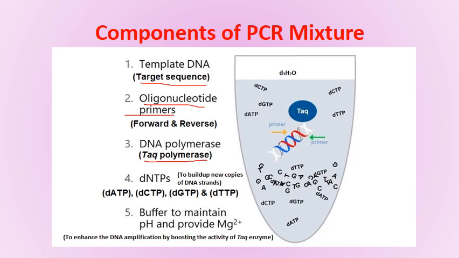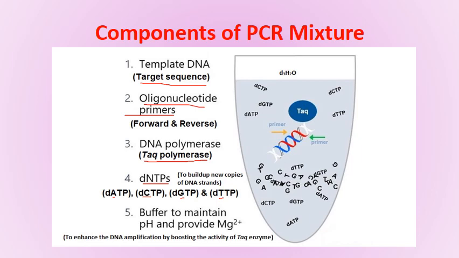Thirdly, Taq polymerase as the DNA polymerase, which is responsible for building new strands of DNA in these conditions. Fourth, dNTPs to build new copies of DNA strands, including dATP, dCTP, dGTP, and dTTP: adenine, cytosine, guanine, and thymine.